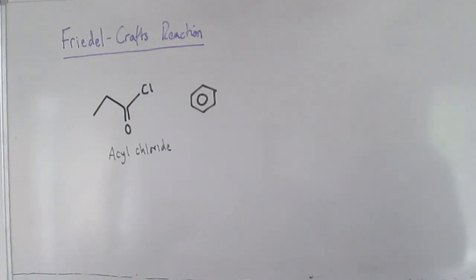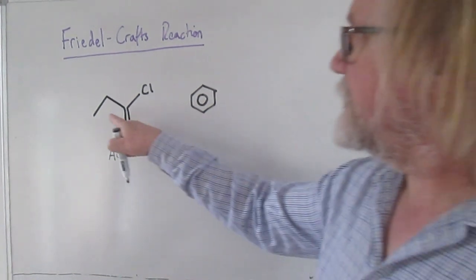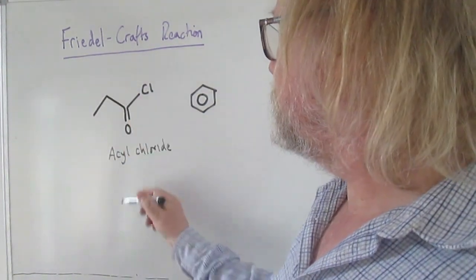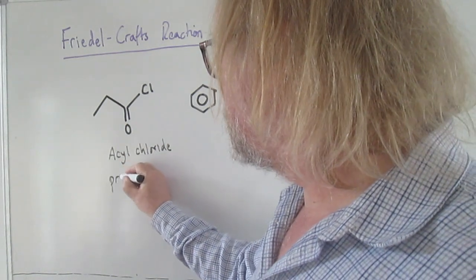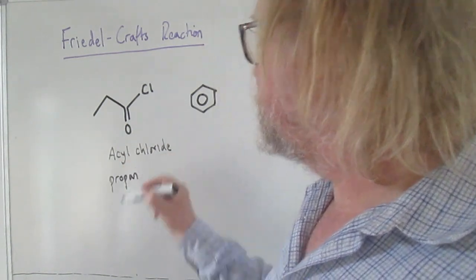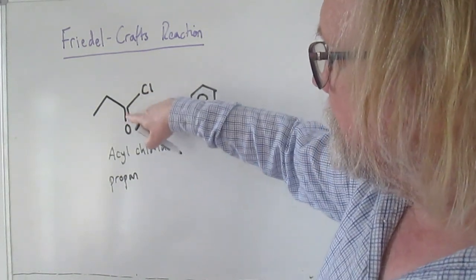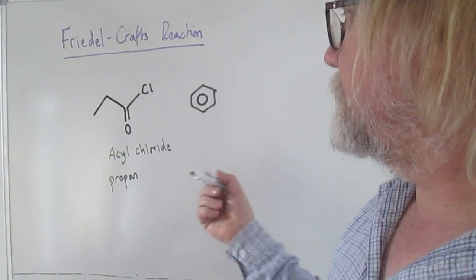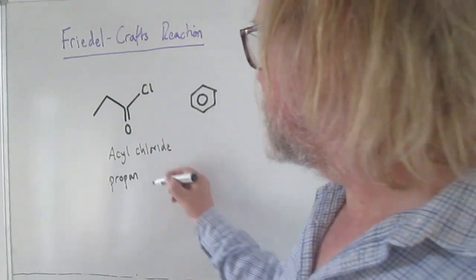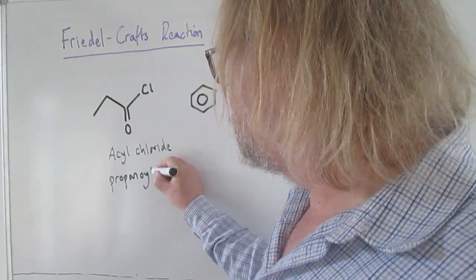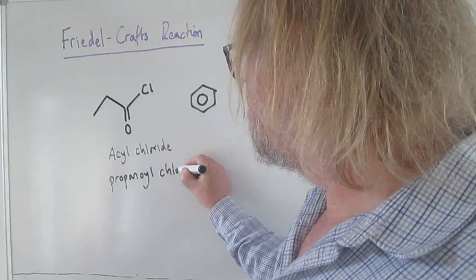But they're very good in Friedel-Crafts reactions too. The name of this particular one, because you've got a 3-carbon chain, it's propane, and if it was OH there, it would be propanoic acid, right, if you had COOH, but because you've got COCl instead, it's called propanoyl chloride.